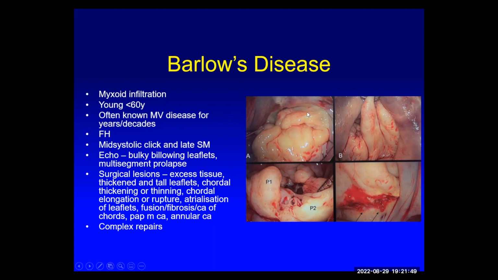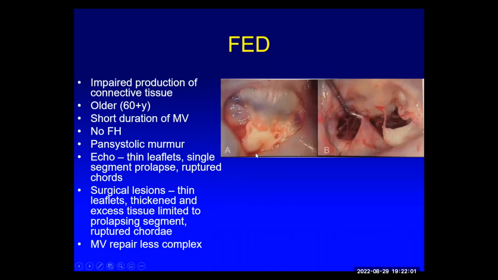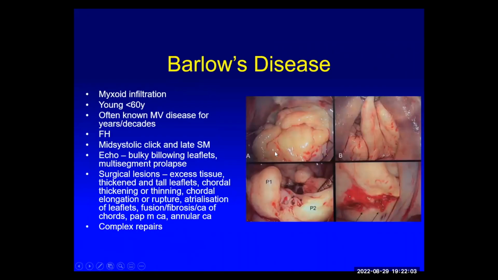On the echo, as I showed you in the second picture where the valve was a bit more thickened, you can see bulky billowing leaflets. Lots of segments, lots of scallops are prolapsing. It's not the picture we saw before with only one part prolapsing. This is pretty much the whole valve out of the annulus and onto the atrium. There is excess tissue, and the repair is theoretically more complex.